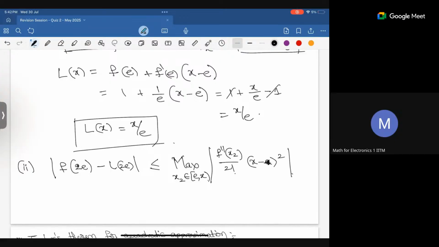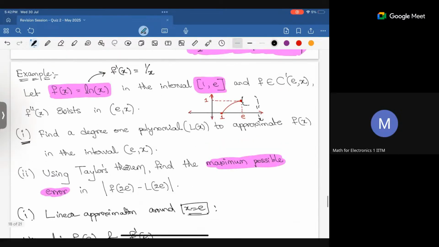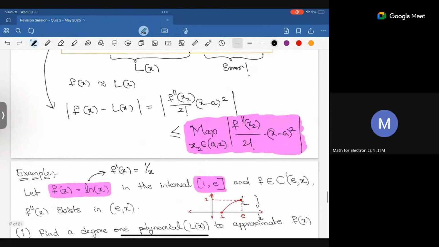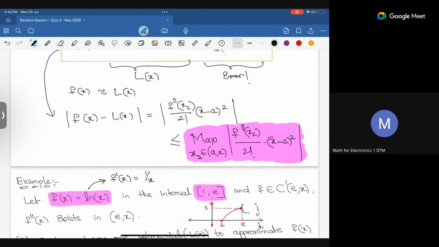So a is again e here. So that is where we found the linear approximation, and here, you see, f of x minus L of x is bounded by this, whatever x you take on the left hand side is the x value.